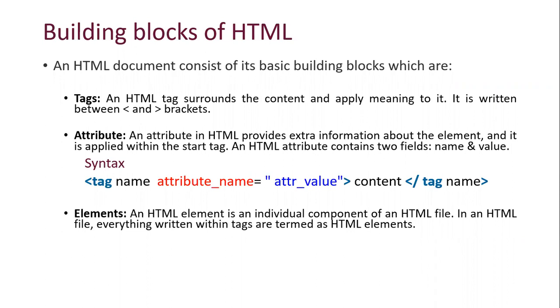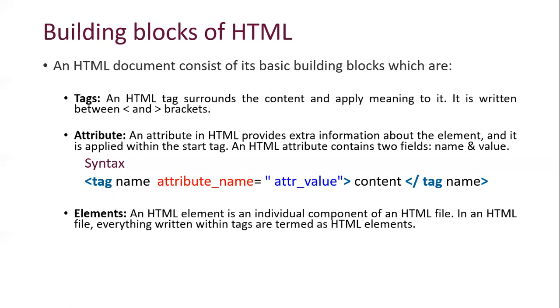After the tags, the next very important building block is the attribute. What is an attribute? Basically, an attribute gives some extra information about the element. An element is what is written inside the tag, between the opening and the closing tag; whatever we write is about the element. An attribute contains two fields: one is the name of the attribute and the other is a value.